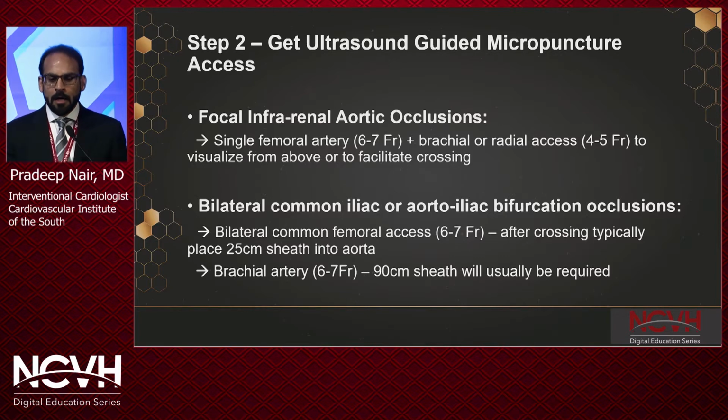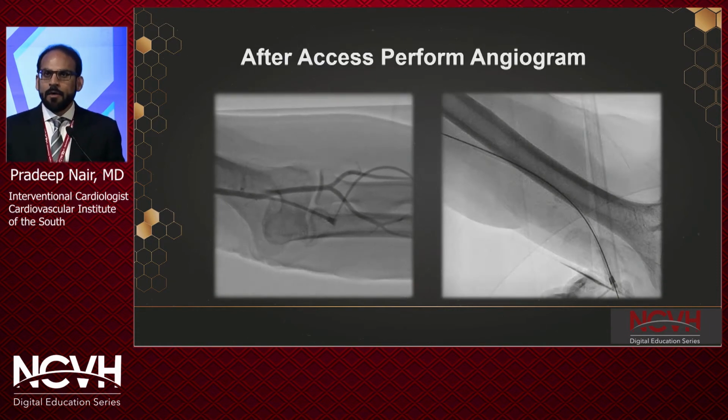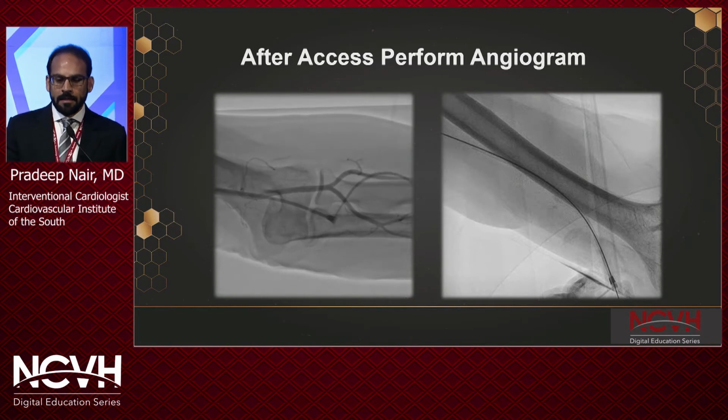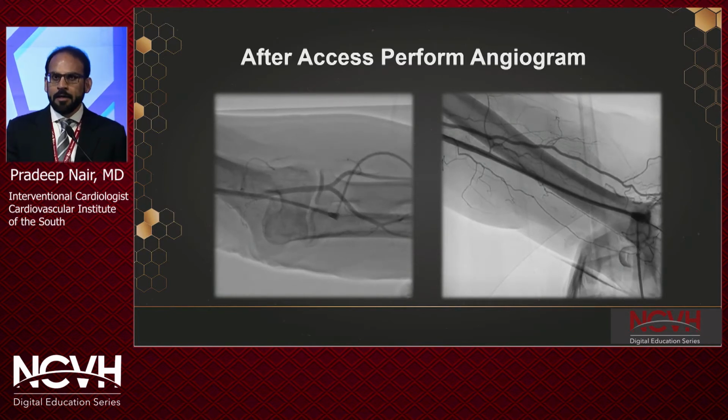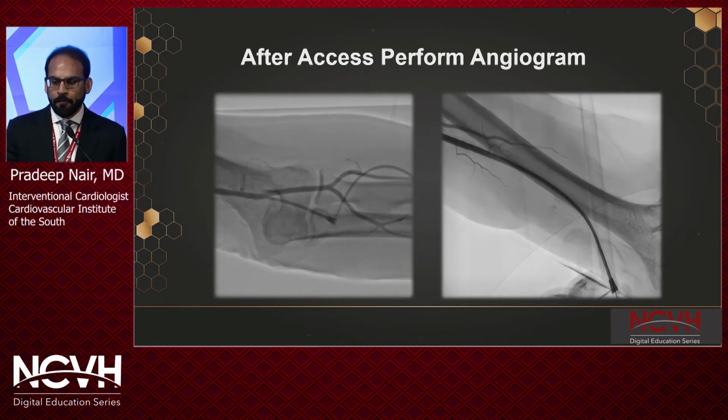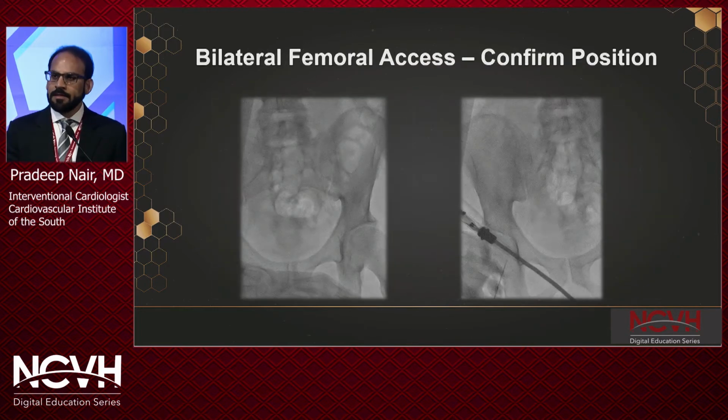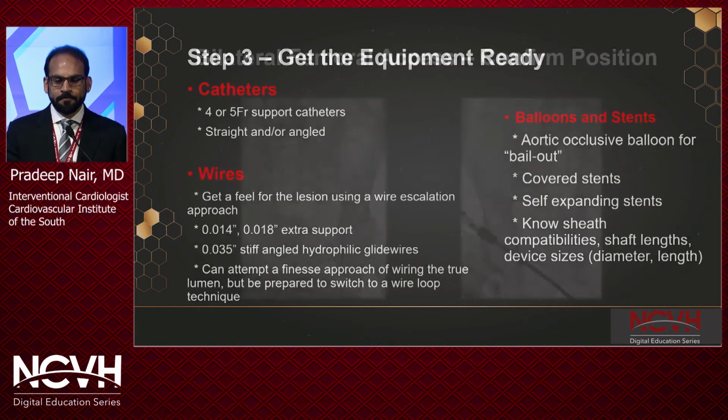For bilateral common iliac or aortoiliac bifurcation occlusions, we use bilateral common femoral artery access as well as a brachial access. You want to do an angiogram after you get access to ensure that you have a non-occlusive sheath. You want to be able to size your sheath appropriately to avoid complications. The same goes for the femoral access sites prior to placing your sheaths.